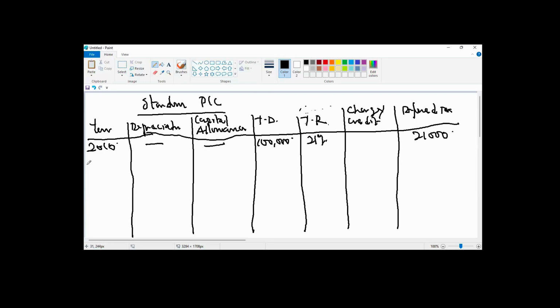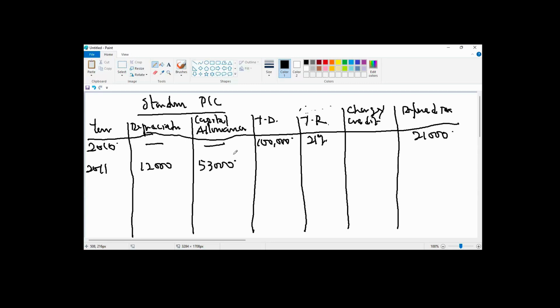He now said in 2011, he gave me depreciation of 12,000 and capital allowance of 53,000. I will now interpret. What is the difference now? 12,000 minus 53,000. What is the temporary difference?